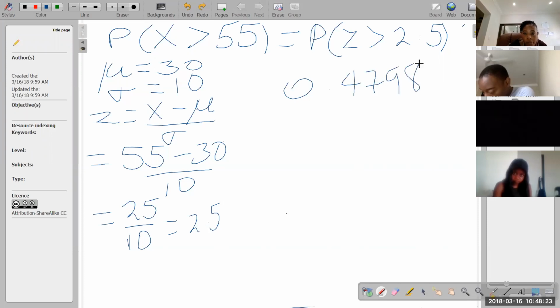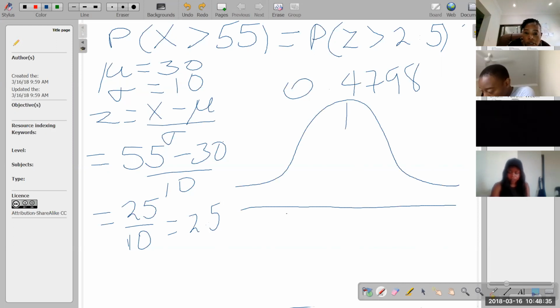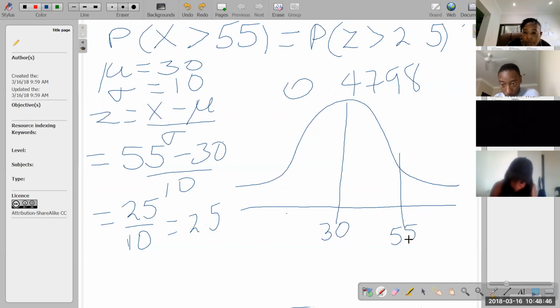Okay, so let's see what our graph should look like. Our middle part is at 30, which is our mean. We're looking at greater than 55. So we're looking at this shaded area.